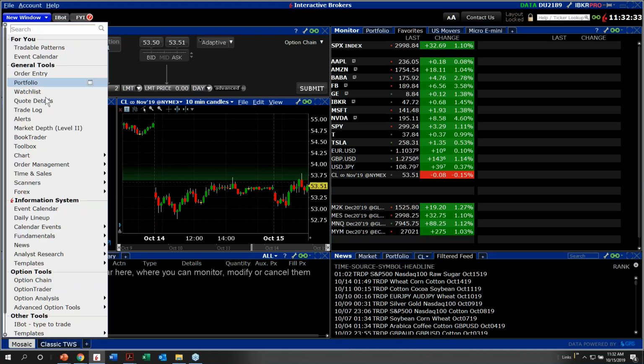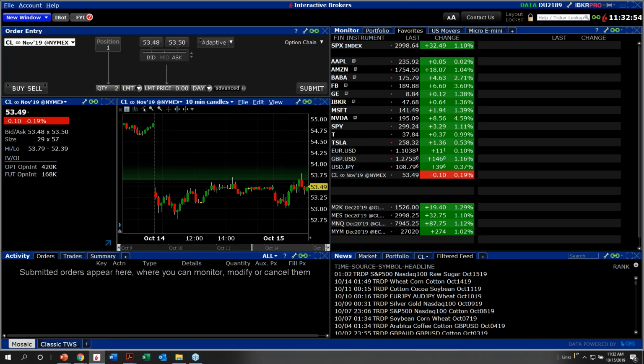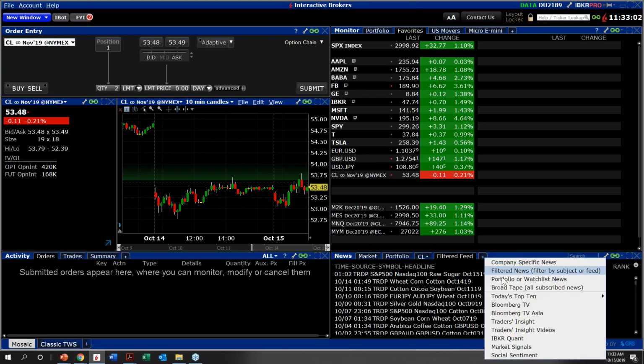Notice underneath the new window button, if you go down to Analyst Research, you'll find all of those features that you have subscribed to. Here is where you can locate the tradable patterns information. Simply click here and you'll see a separate window open. But I also want to show you that in the news section of your Trader Workstation, you can add a separate filtered feed by going into that plus icon.